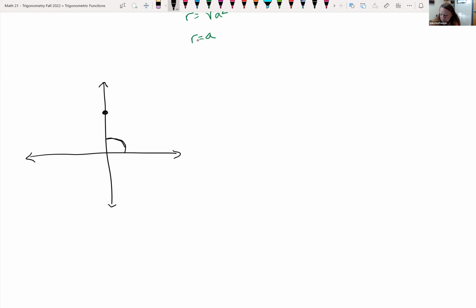So from standard position, theta in our case here, this is 90 degrees, or any 90 degrees plus 360 degrees times K. Or if we thought about this in radians, we have pi halves, and pi halves plus 2 pi times K, where K is an integer.